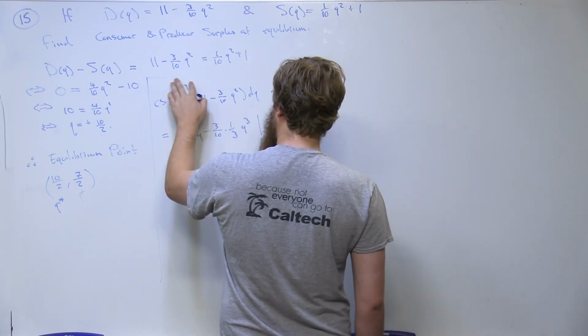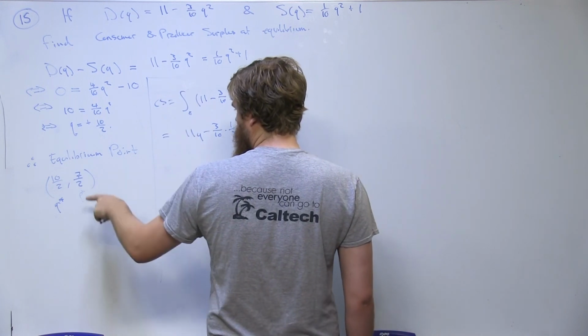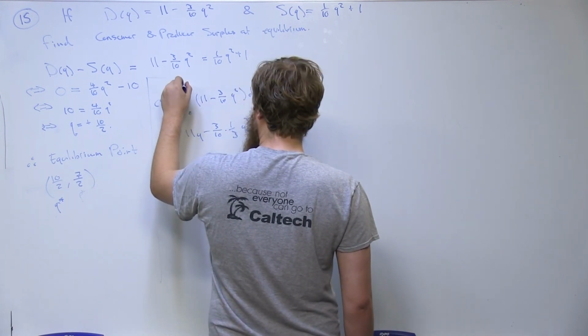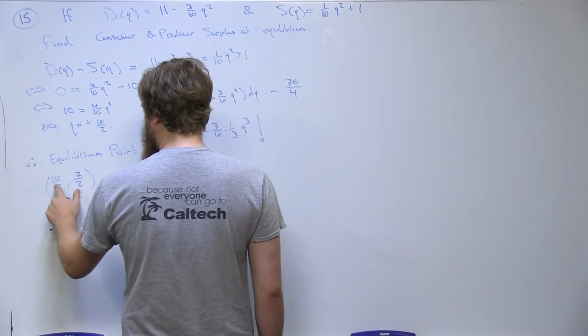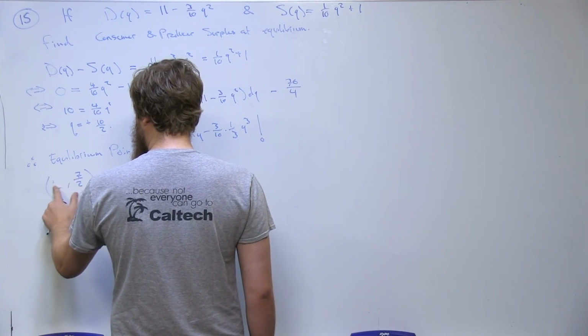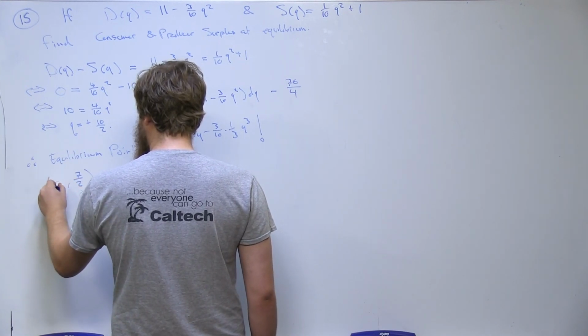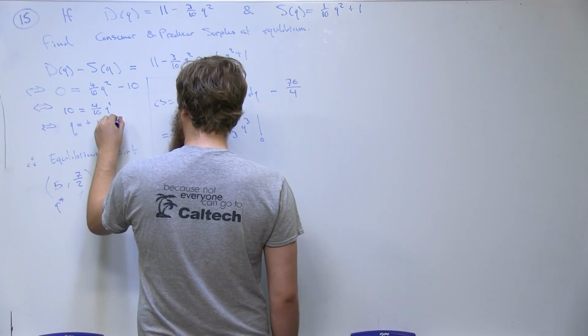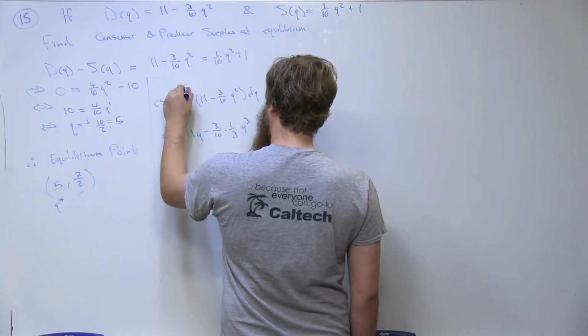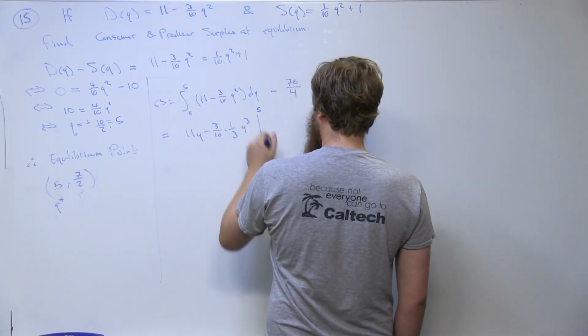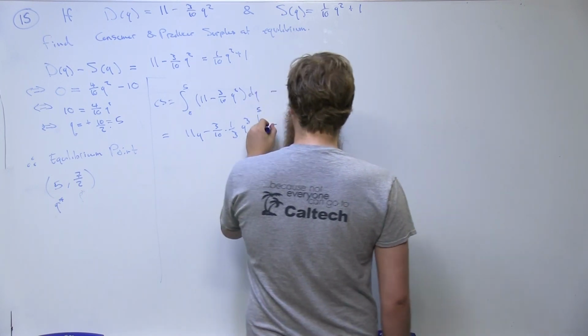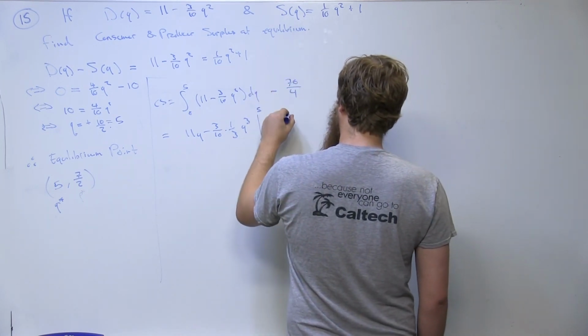I might as well write in what q star is, right? Q star is 10/2, or, that's silly, why would I write it like that? Let's just call that 5. Okay? And we've got to subtract this quantity off as well.